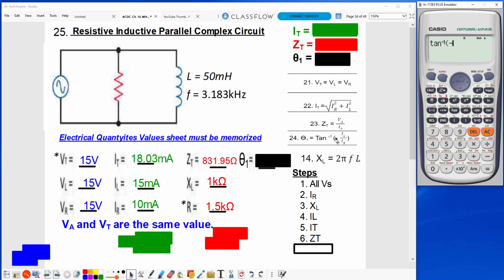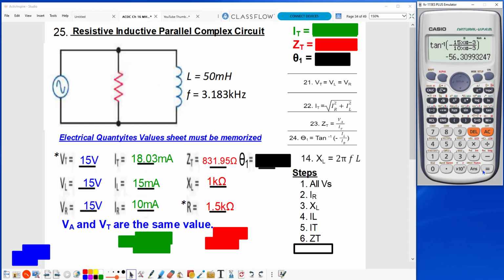Look closely. Don't miss it. Put the negative sign, and then we're going to put in IL, which is 15 times 10 to the negative 3, over IR, which is 10 milliamps. 10 times 10 to the negative third. Scroll over first and then close the parentheses.